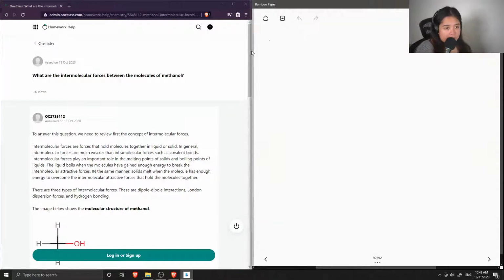Okay, so question 8. What are the intermolecular forces between the molecules of methanol? Okay, so let's draw out a methanol molecule.